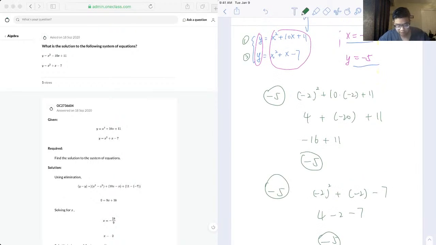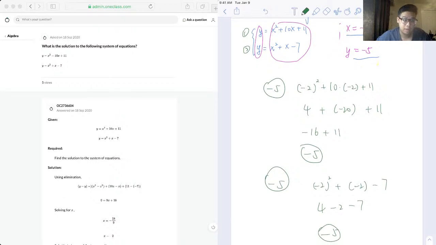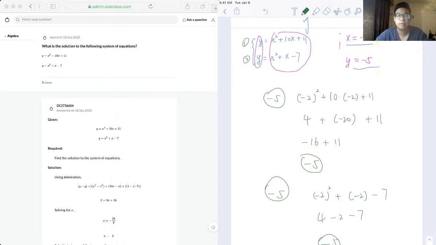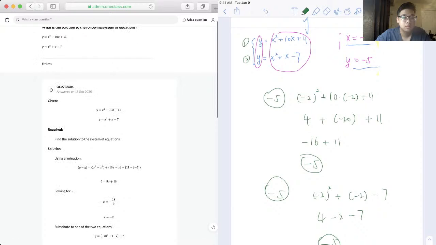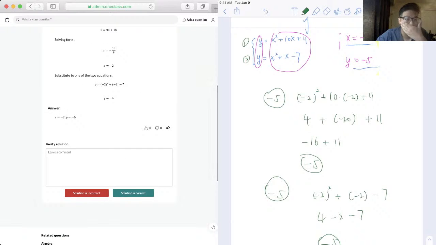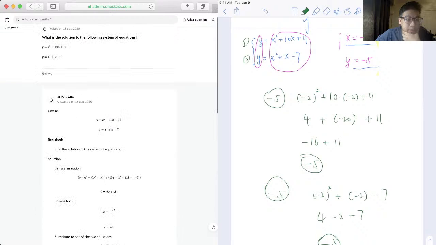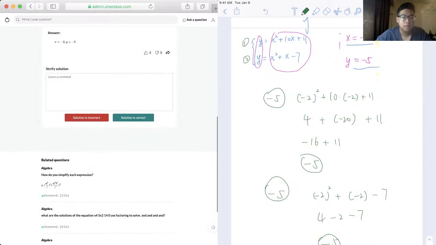So that means our answer is valid, and you can always use this way to check your answer. So x equal to negative 2, y is equal to negative 5. Correct. Good job.